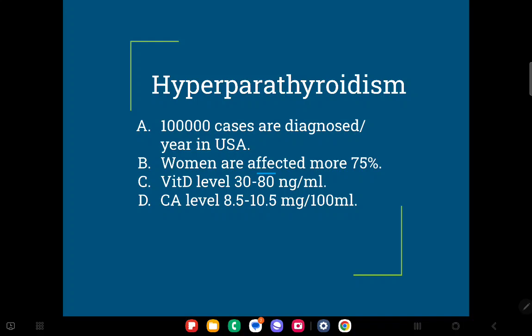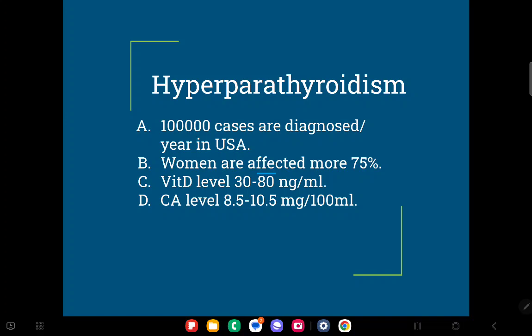The commonest of surgical importance is hyperparathyroidism, which is caused by several causes, which we are going to cover as this lecture proceeds.